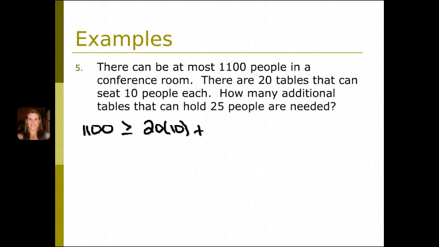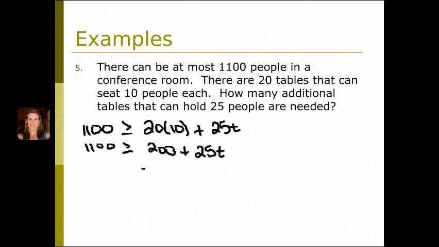Plus we need a certain number of tables that can seat 25 people, but we don't know how many tables. So we've got 1,100 is greater than or equal to 200 plus 25t, t standing for tables.